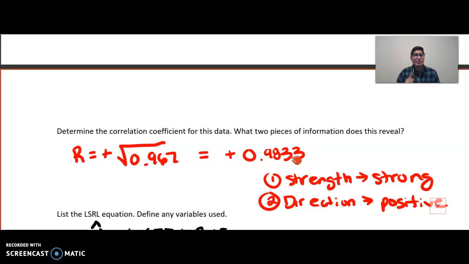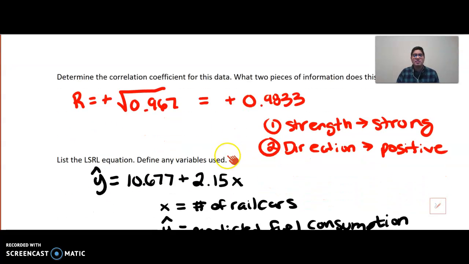And this is looking at the absolute value of R. Now that's the strength. And then the sign tells me the direction. Positive, which means as x increases, y tends to increase, or negative, which tells me as x increases, y tends to decrease. So the two pieces of information I have about the correlation coefficient are the strength and the direction of this linear relationship between the two variables.